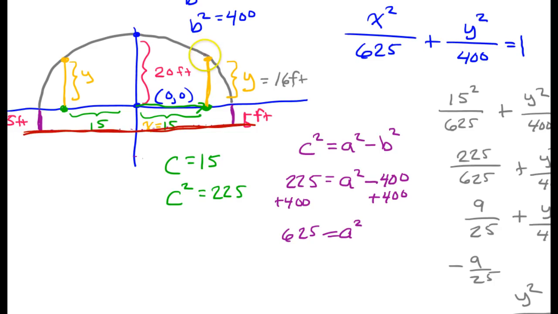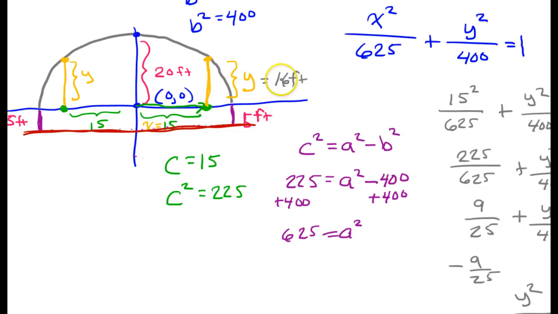So the height of the ceiling is going to include the 5 foot height of the vertical part of the wall, plus the y value above the center of the ellipse. Okay, above my x-axis here.